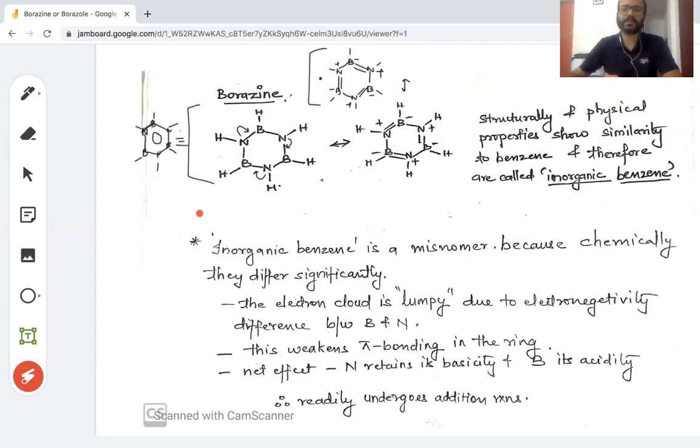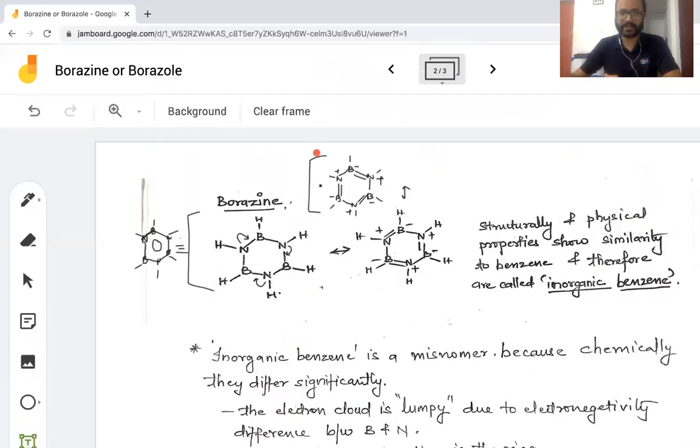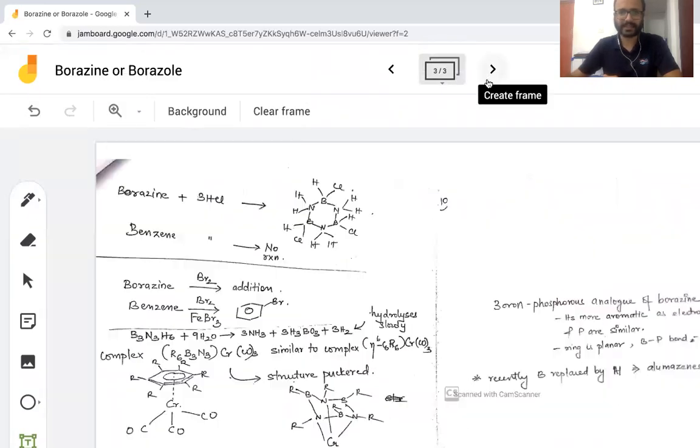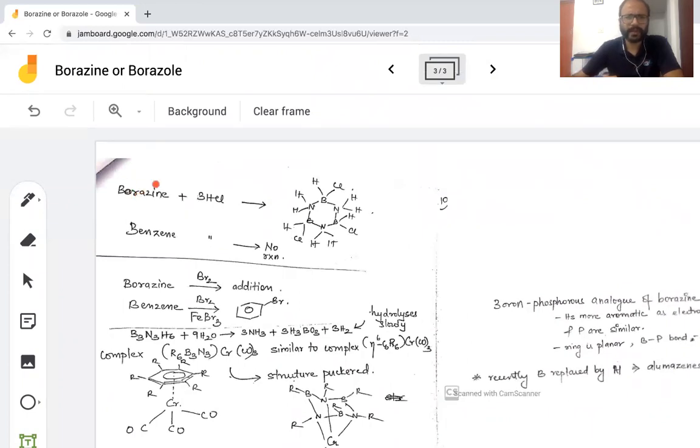Let me explain that chemical difference using a reaction comparison. What do you see here? When you react benzene with HCl, nothing will happen.